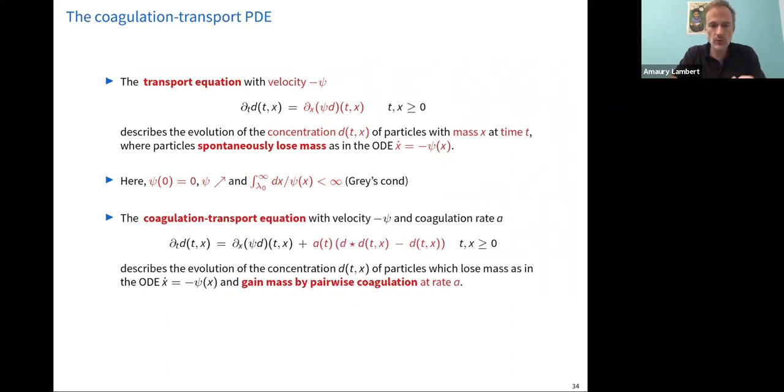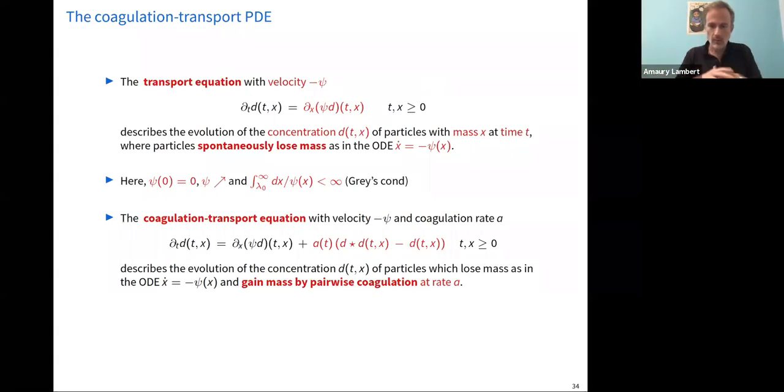And now the coagulation transport equation with velocity minus psi and coagulation rate A, where A is some function of time, is the same equation, but where you have added this convolution product. And this coagulation transport equation describes the evolution of the concentration of particles, which lose mass as in the ODE, but also gain mass by pairwise coagulation at rate A. So you have to imagine that you have an infinite amount of particles.